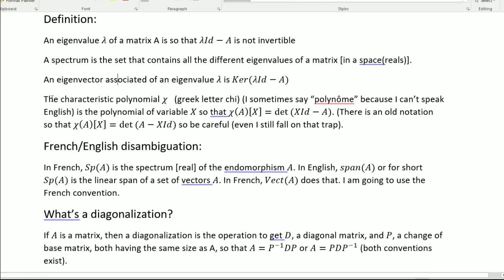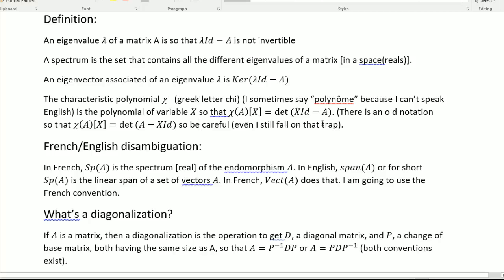The characteristic polynomial, chi, the Greek letter chi. Sometimes I say polynome, but it's polynomial, because I can't speak English. It's the polynomial in variable x, so that chi A of x is equal to the determinant of x Id minus A. So there is an old notation with A here and x minus Id.